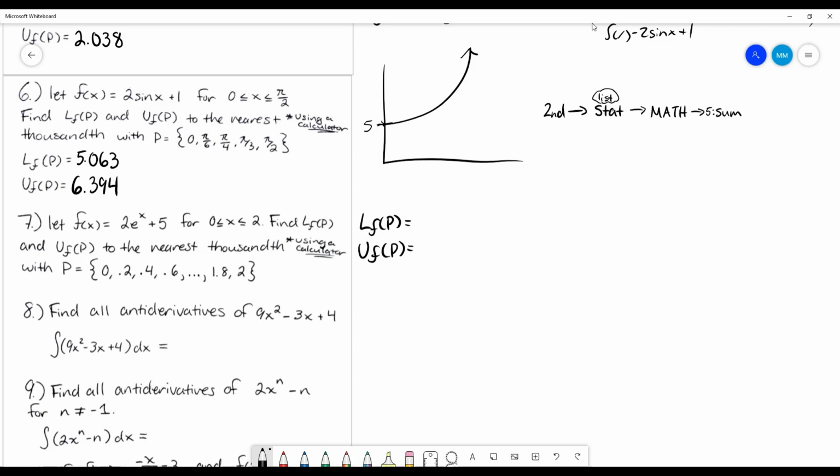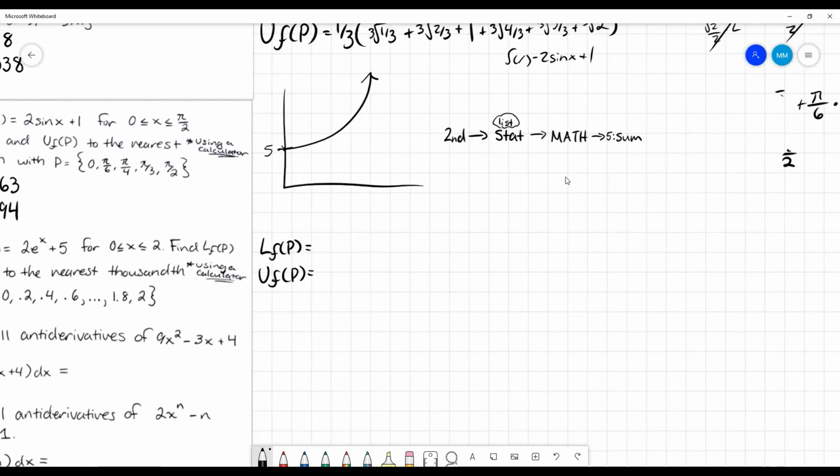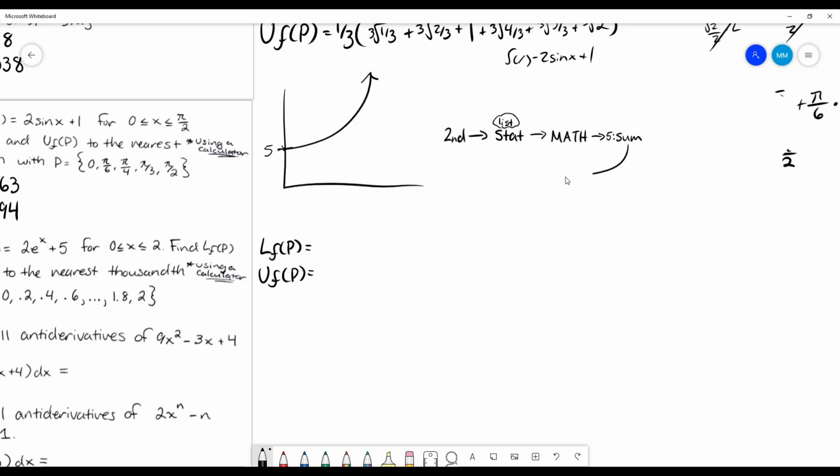So you want to click sum, and then before doing anything with that, you then repeat this part here. So second stat, and then this time you go to ops, or operations, and go to sequence, or seq, which is also the fifth one down for me.